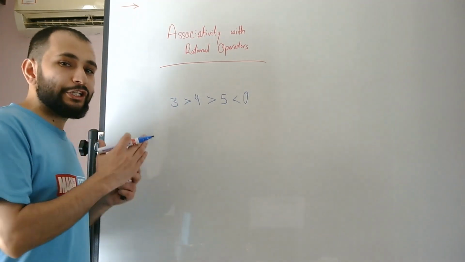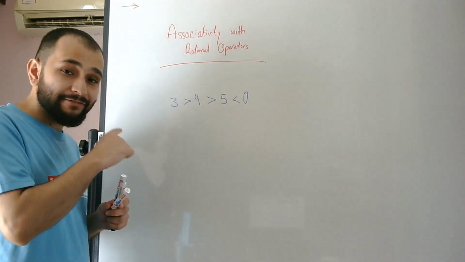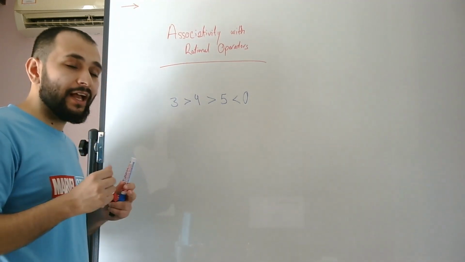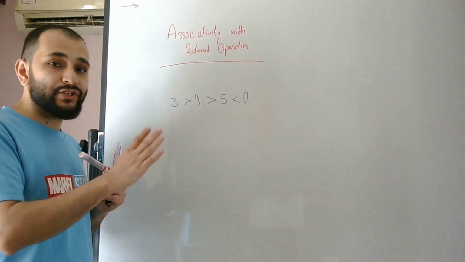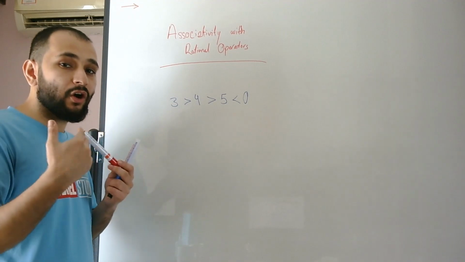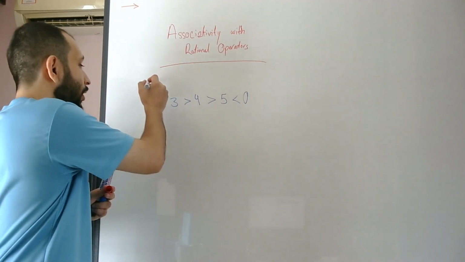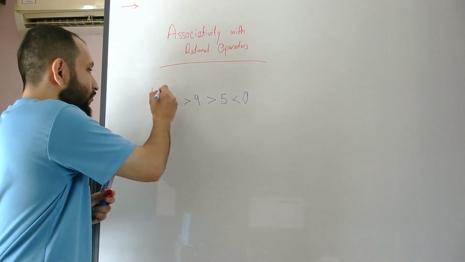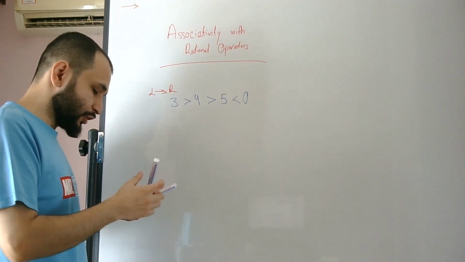The way we are going to evaluate this expression is from left to right, the same way that we did with arithmetic expressions. We had addition, subtraction, multiplication, and all of these arithmetic operations, and we would evaluate them from left to right. This is the same way we are going to evaluate this expression as well.